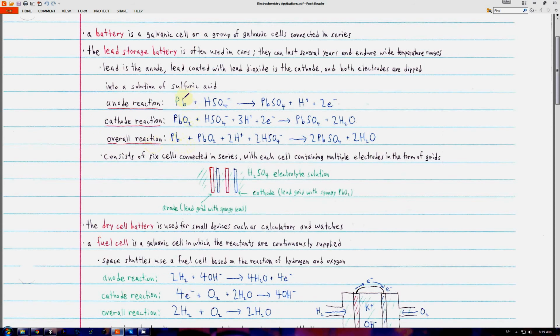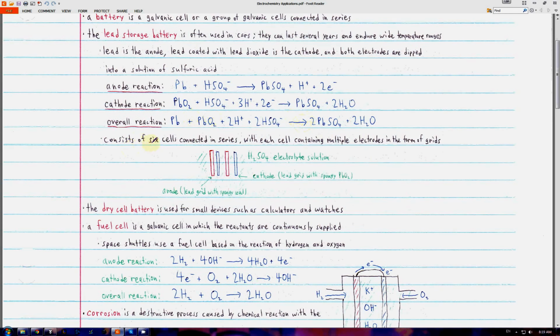And in the anode, here lead is getting oxidized from 0 to +2, and in the cathode it's getting reduced from +4 here to +2 here. Now, a typical lead storage battery has 6 cells that are connected together, and each of these cells has multiple electrodes that are in the form of grids.